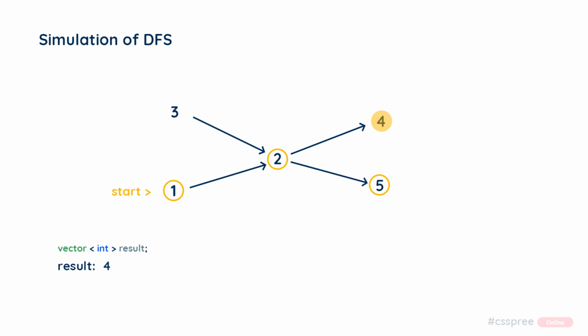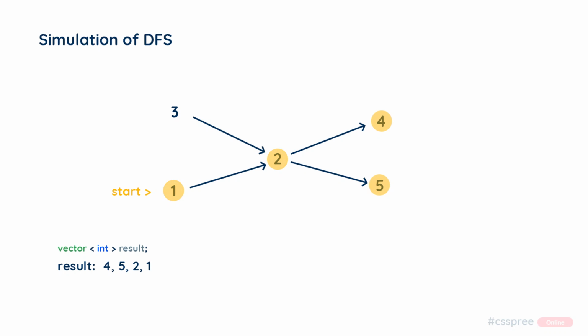We can see that number 2 has another child, which is number 5. After visiting number 5, we can say that there is no child of 5, so we put it in the list too and move back to node 2. Because all the child nodes have been visited already, we can now put 2 into our list. Moving back to node one, we can now put it into the list.